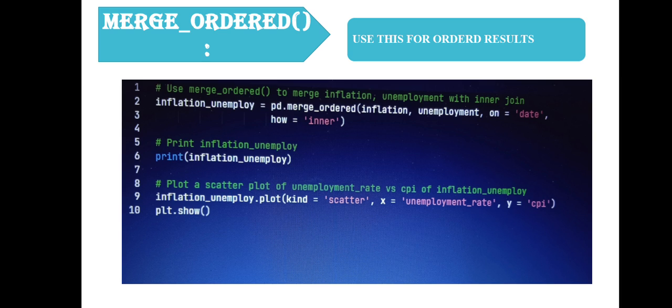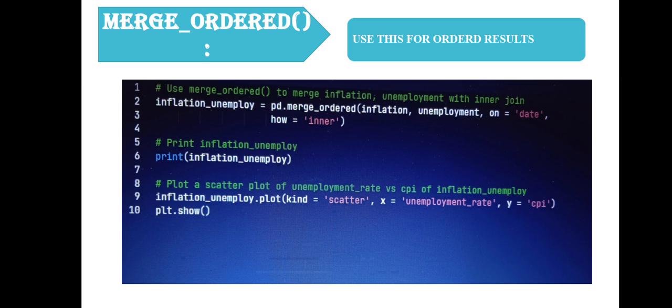We can see to order the results, use merge ordered to merge inflation, unemployment with inner join. inflation_unemploy is equal to pd.merge_ordered inflation, unemployment on date, and how is equal to inner join. Then print inflation_unemploy, simply type print inflation_unemploy.